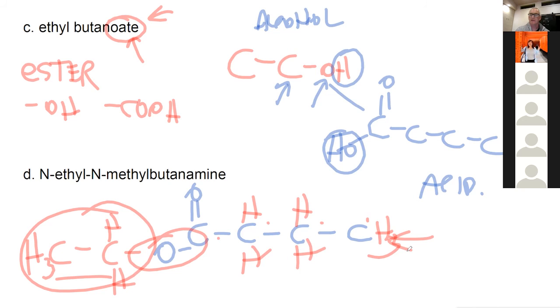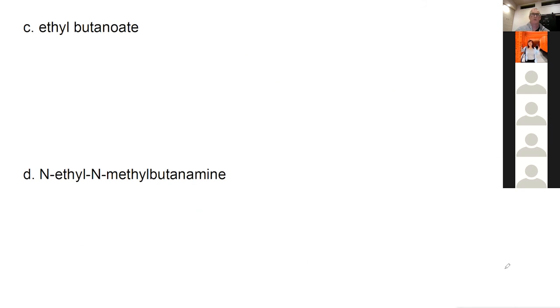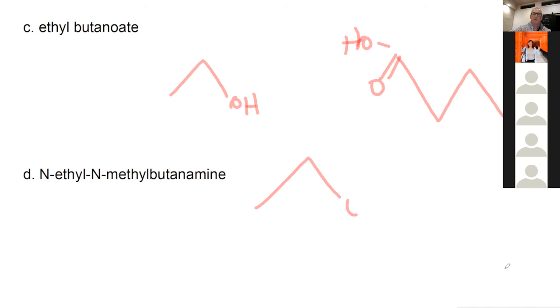So if I was to do it in a skeletal form, I take my ethanol, which would just be, and I would join it to my butanoate, which would be 2, 3, 4. And together, I would just get 1 O. Draw this.